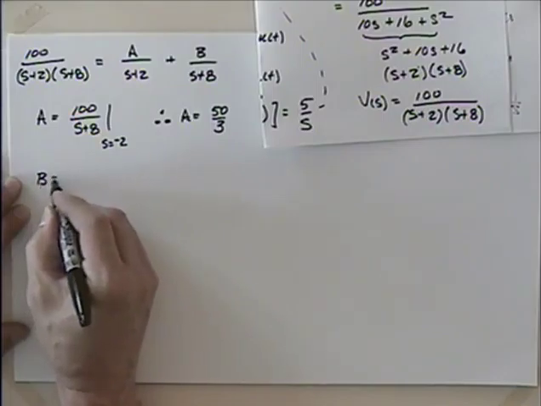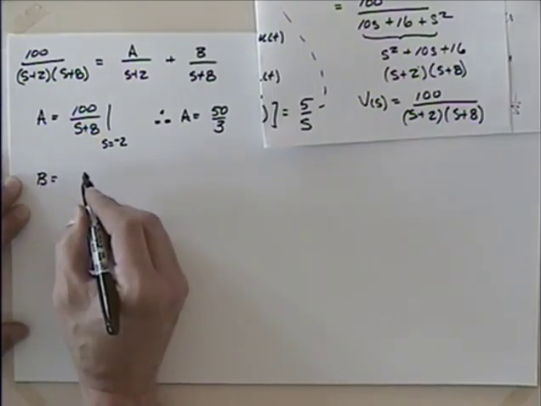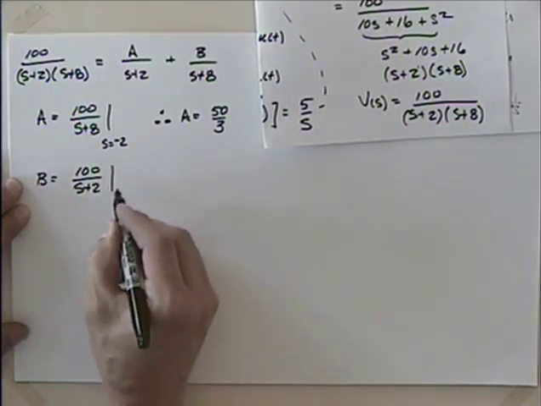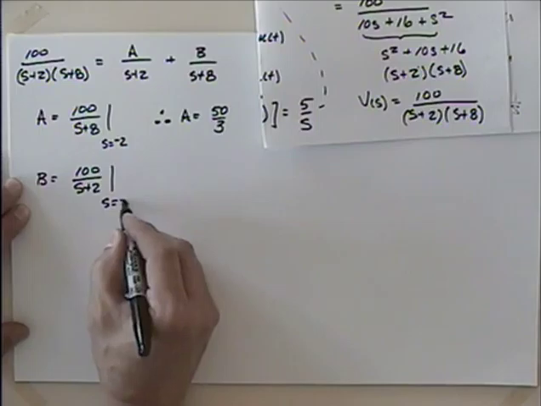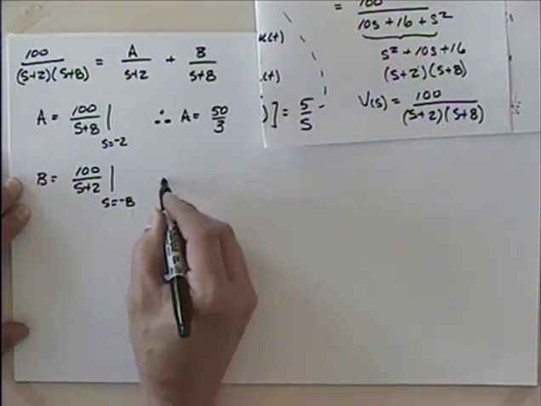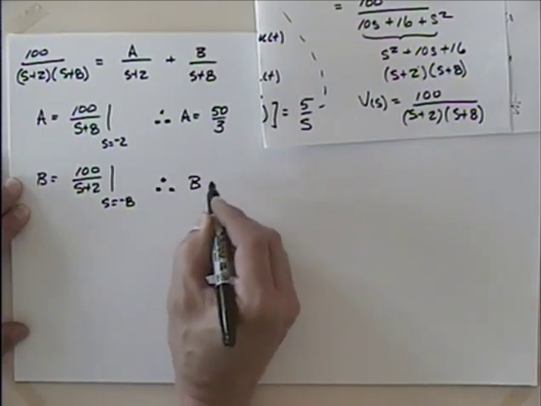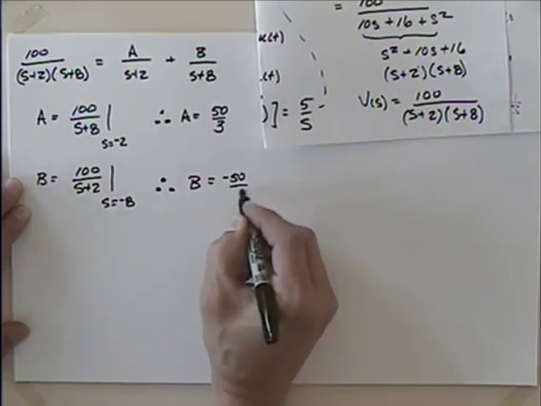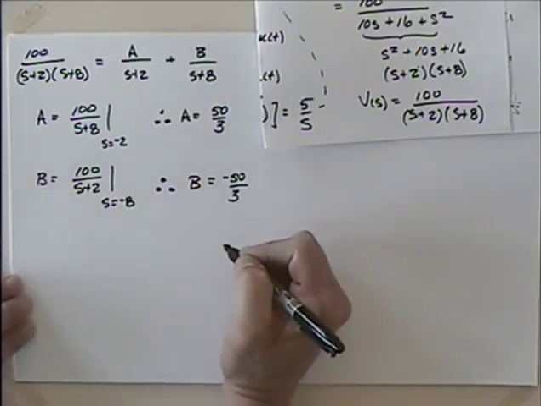And B, likewise, would be equal to what? 100 divided by S plus 2, evaluated at S equals minus 8. So B turns out to be equal to then minus 50 over 3.